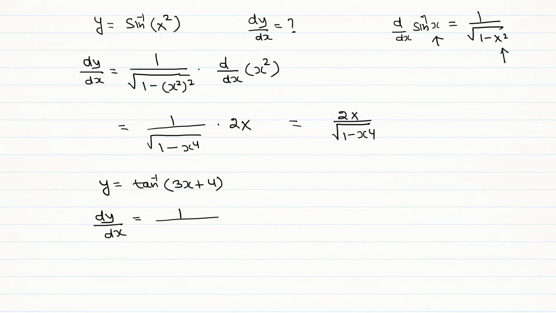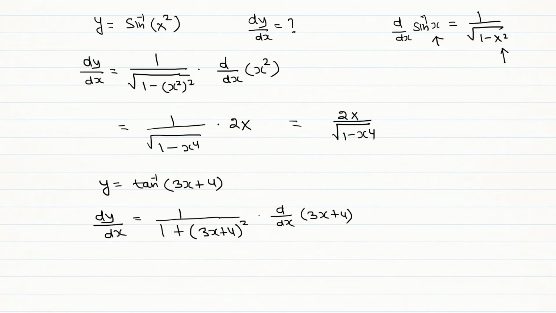The only thing I should be careful about is that when I am writing 1 upon 1 plus x square, I will not write only x, rather I will write 3x plus 4 whole square, and after that I have d upon dx of the rest of the thing, which is 3x plus 4.